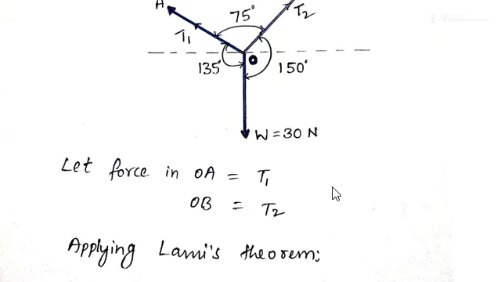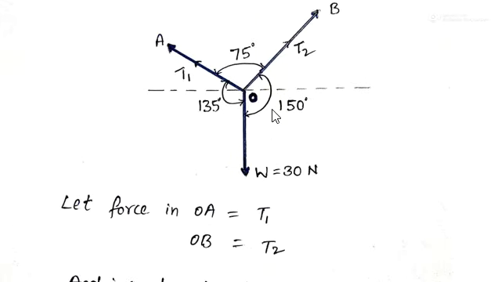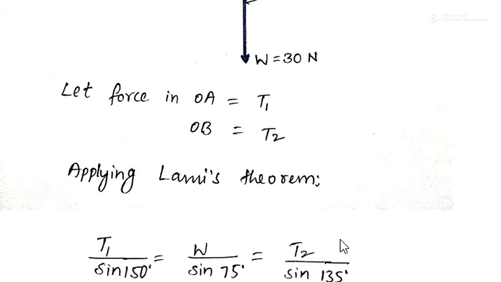Now from Lami's theorem, as I told, we are assuming the force in OA as T1 and the force in OB, the tension, as T2. We have to find out T1 and T2.